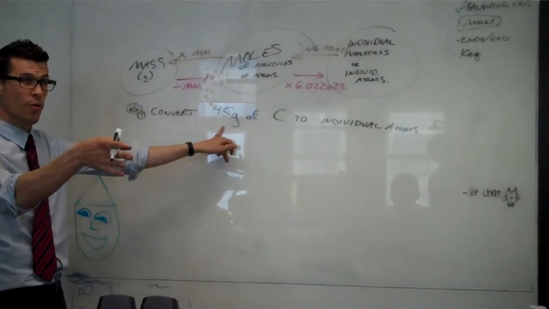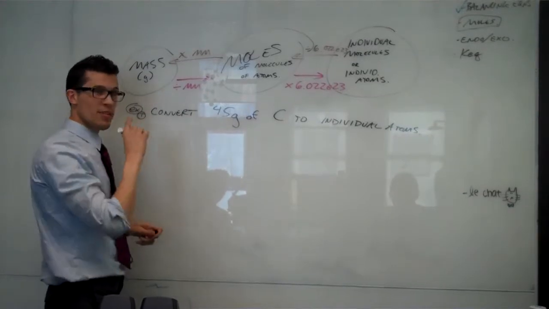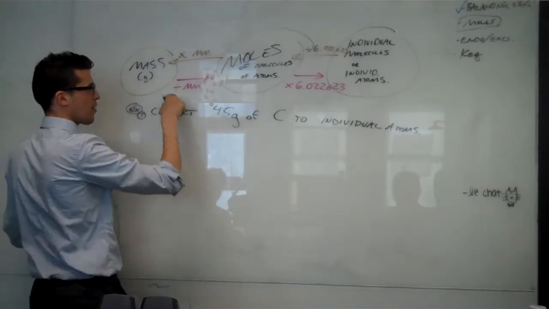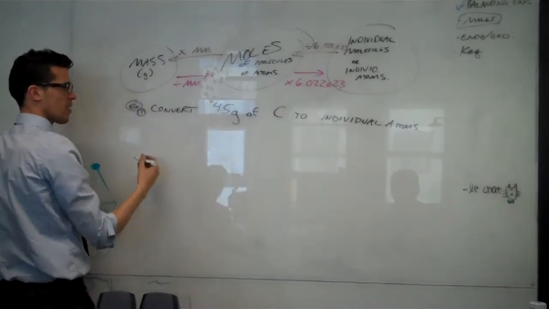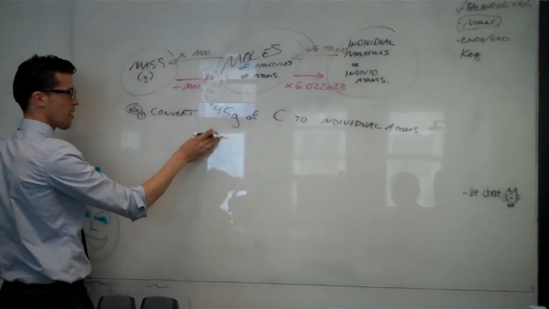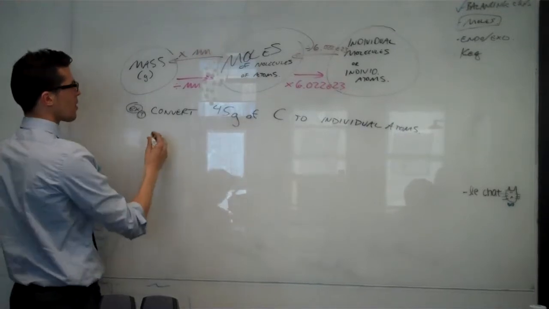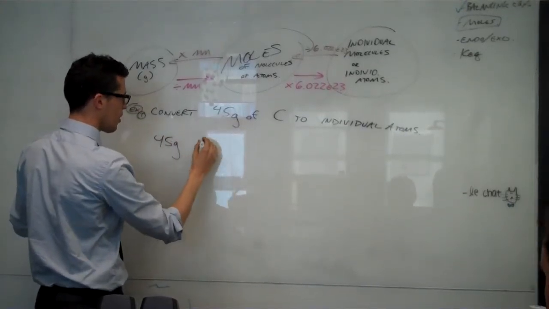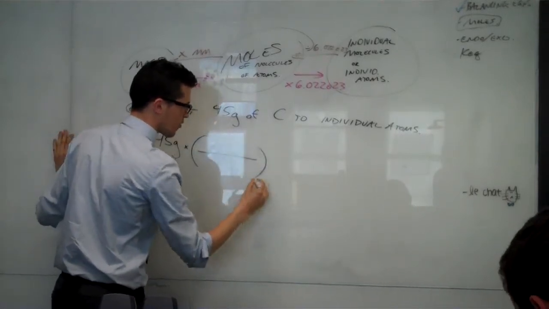Now, I'm sure you do know, but what I'm going to do right now is set this up like this is showing, so we can see how this plays into a question like this. So this is really a demand, it's not a question. Convert this to that. So, we start off with the grams, 45 grams. Okay? And we're going to multiply it by a conversion factor.